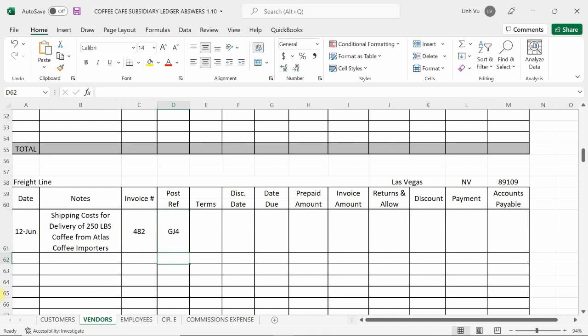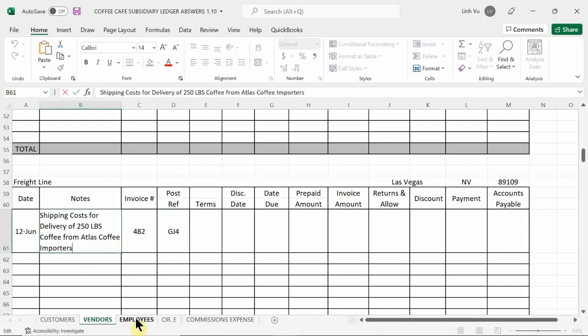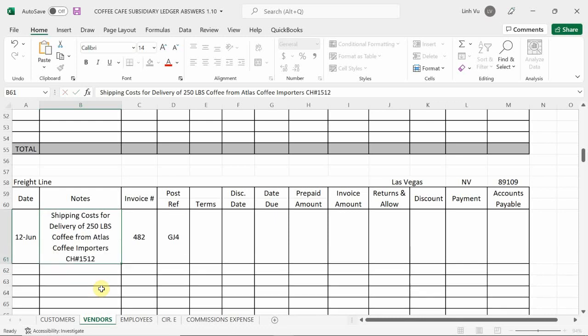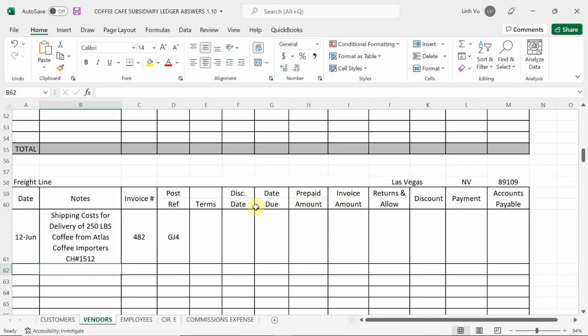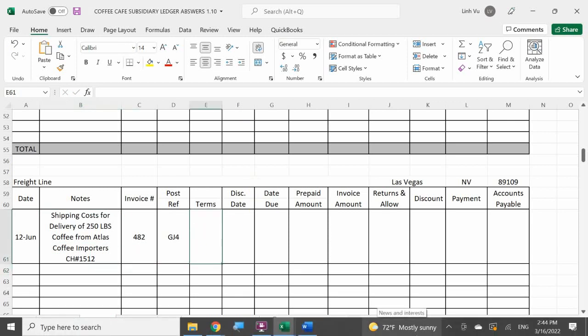Oh, another part of information that you could say here too is I paid them using check number 1512. Since the terms are going to be COD, therefore the invoice amount was $62.50, and I paid the $62.50 using check number 1512.